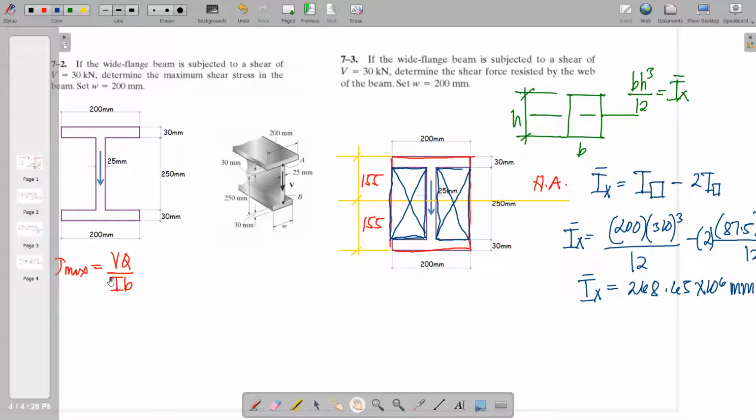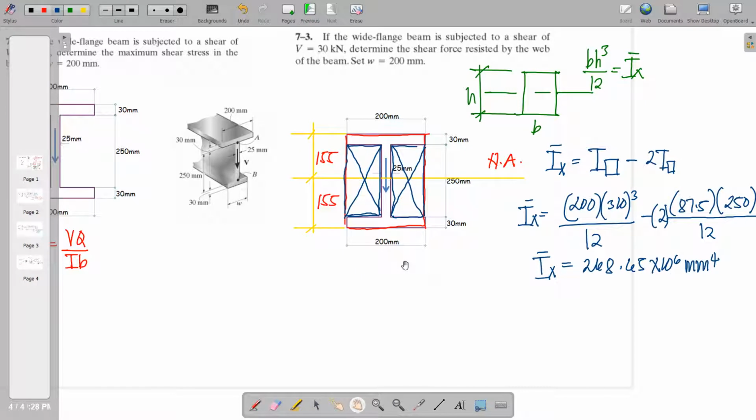So this is checked, and then the width is simply equal to 25, and then we now determine the Q above or below, which is actually the Q max. So Q max will be equal to either the moment of area above or the moment of area below.